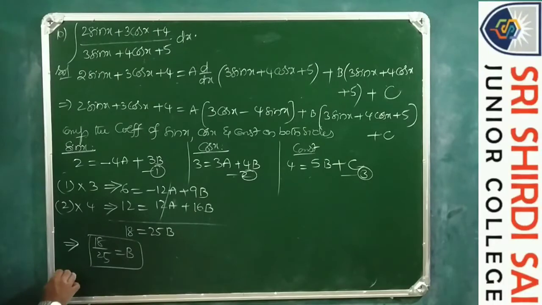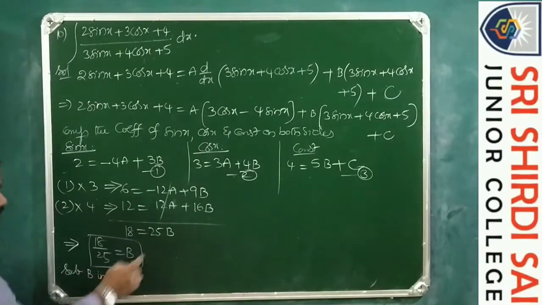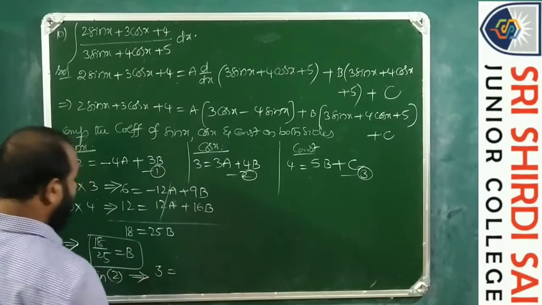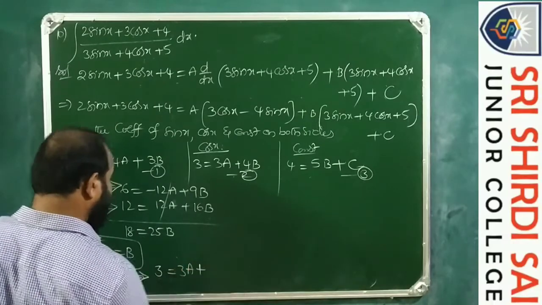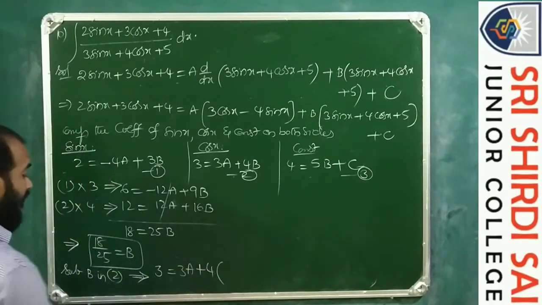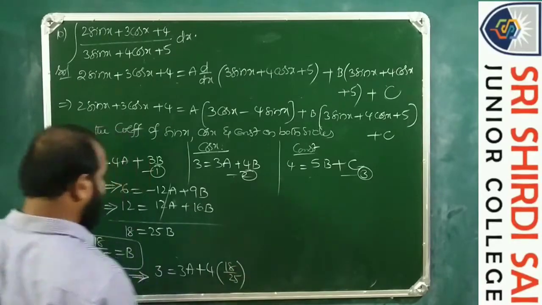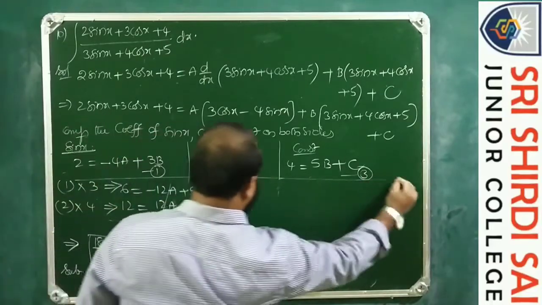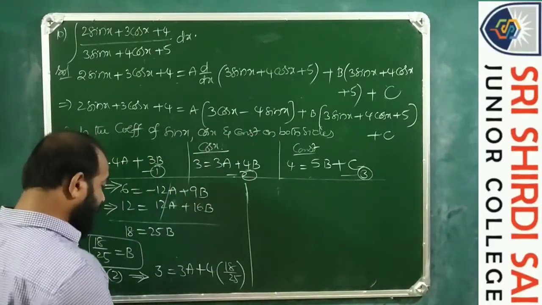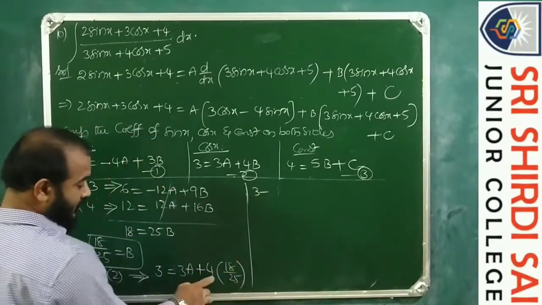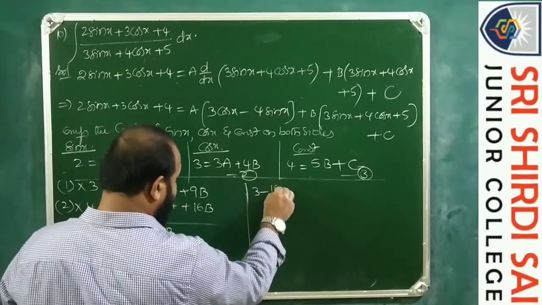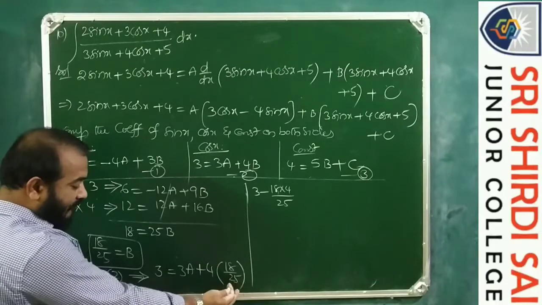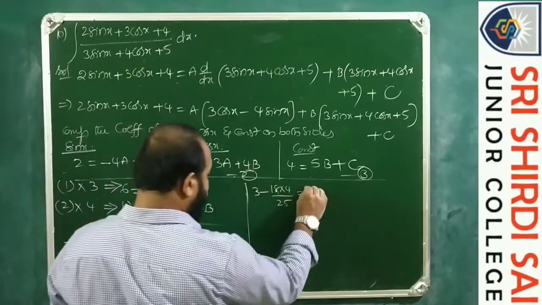Now substituting B in the second equation. So 3 is equal to 3A plus 4 into the B value, which is 18 by 25. That implies 3 minus 4 into 18 by 25, which I have transposed to the other side, is equal to 3A.